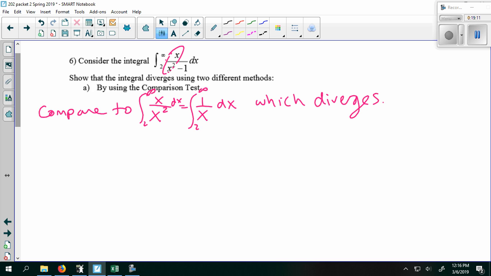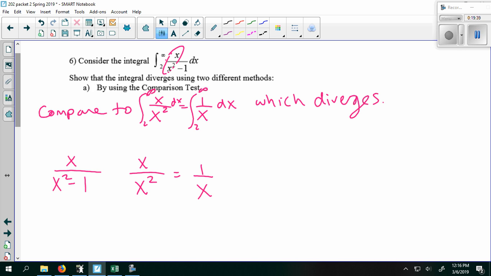Okay, so now I want to compare the integrand to 1 over x, which is equivalent to x over x squared. So if I have x over x squared minus 1, I want to compare that to x over x squared, which is the same thing as 1 over x.